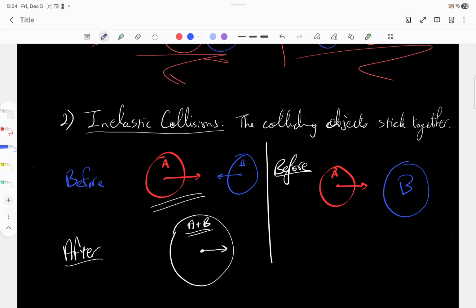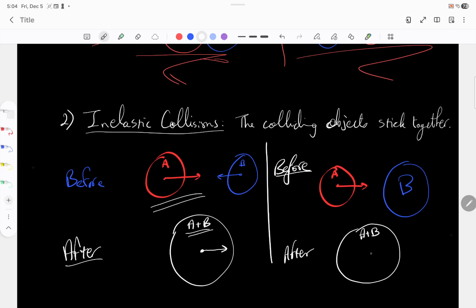And we know that this is an inelastic collision. So we know that in the after image, these two balls are going to end up forming a larger object. And this object will also have the mass of A and B together.